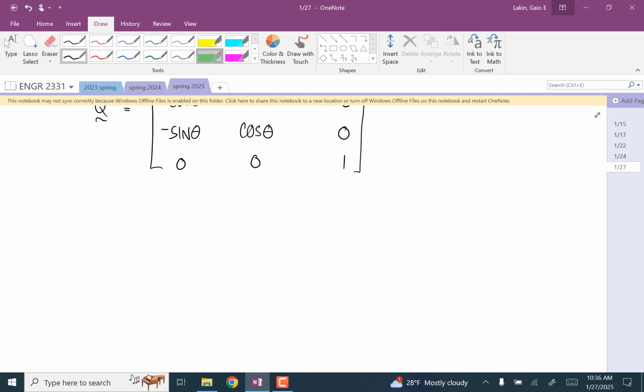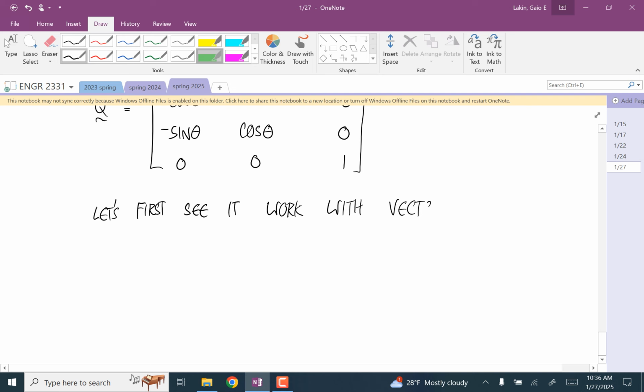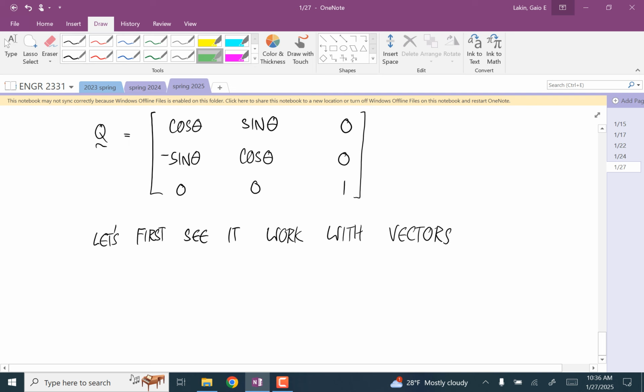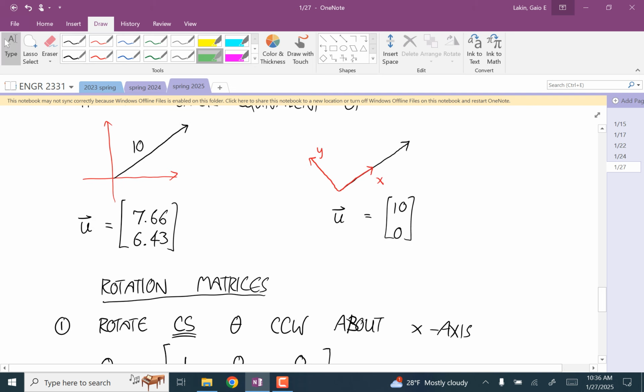Really good. Okay, so how does it work with vectors? Let's first see it work with vectors. So let me use the example I just used here.